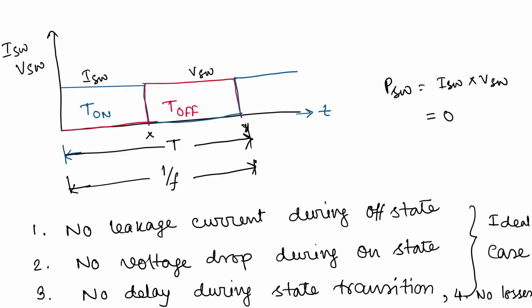And no delay during state transition, meaning that when we switch off or on, it changes instantaneously. There is no delay, so no rise time or fall time of current and voltage. So we can conclude that there are no power losses. These are all for the ideal case.